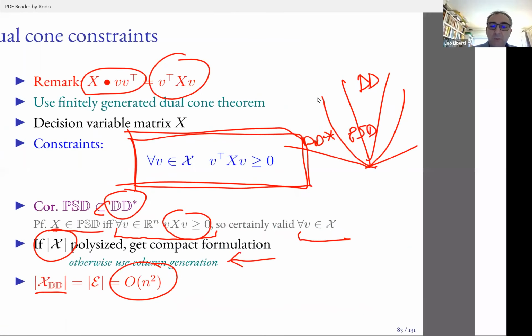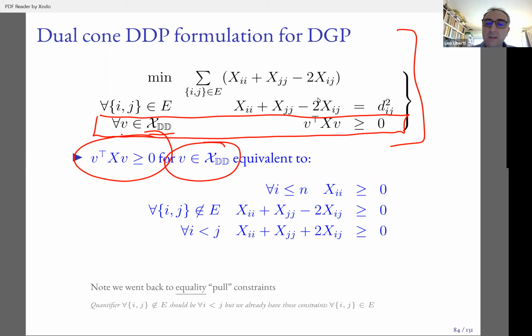If you work them out, you will see that these correspond to E_ii, these correspond to E minus ij, and these correspond to E plus ij.